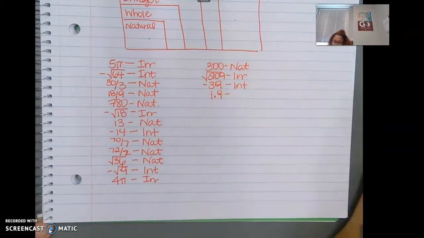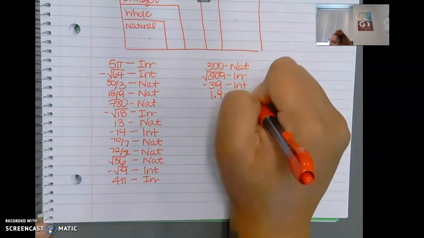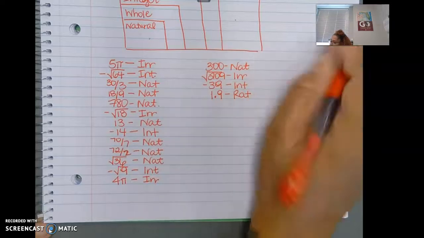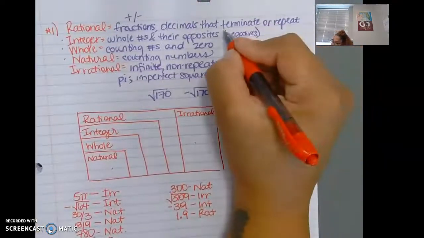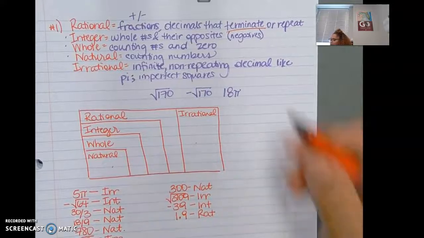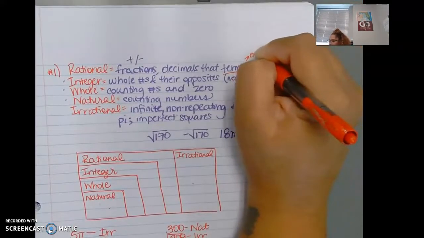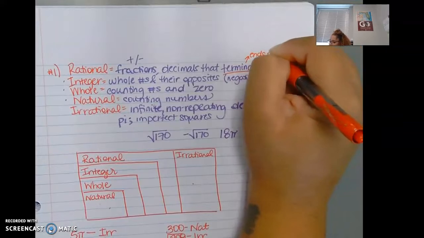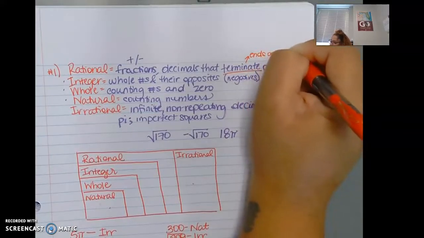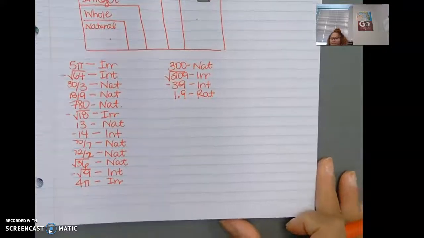1.9. Why is it rational? Because it terminates. What does terminate mean? It stops. It ends. Where'd I leave off? -2/3.